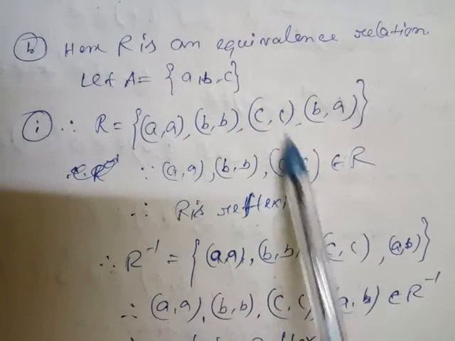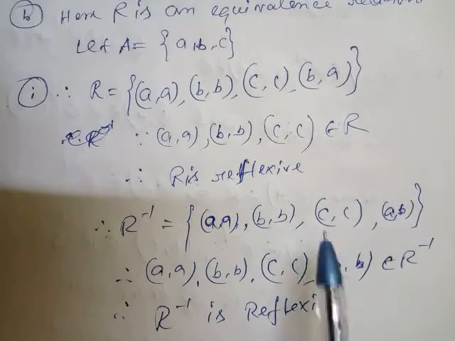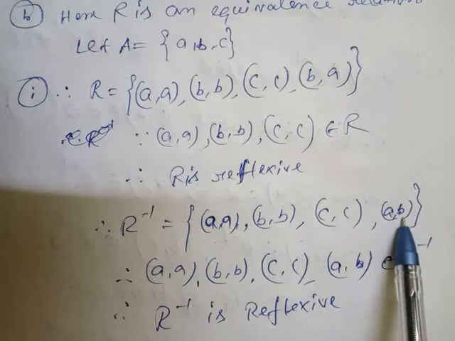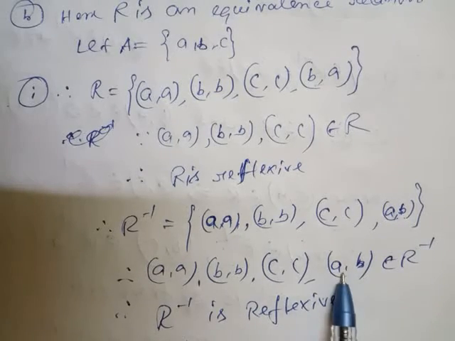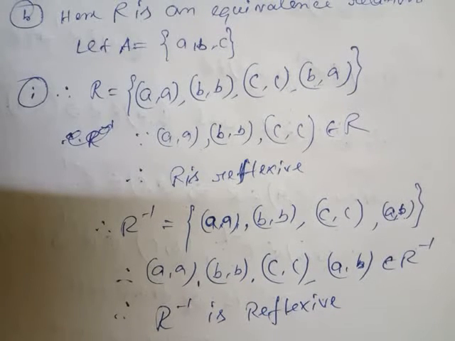So this part belongs to R, so R is reflexive. Now look, for the inverse part here also, there is (b, a) and there is (a, b), and this will remain same. So if this belongs to R, which means this belongs to R inverse, so R inverse is also reflexive. First one is over. Now look, this is only the reflexive part.